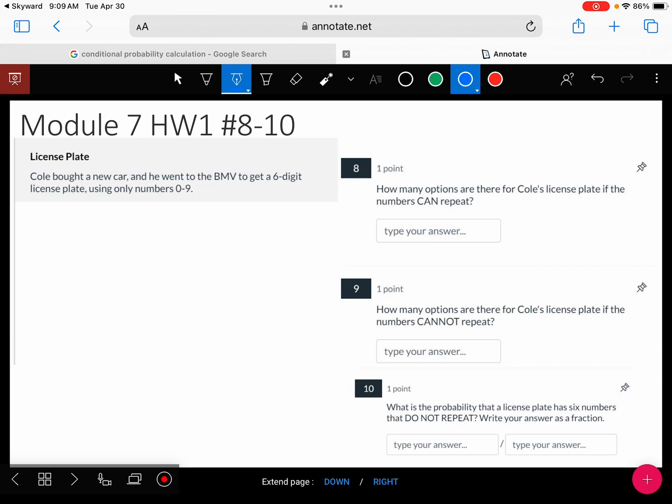One through 7 are just straight probability tables. But I do think 8, 9, and 10 are a little tricky. So I wanted to go over those 3.